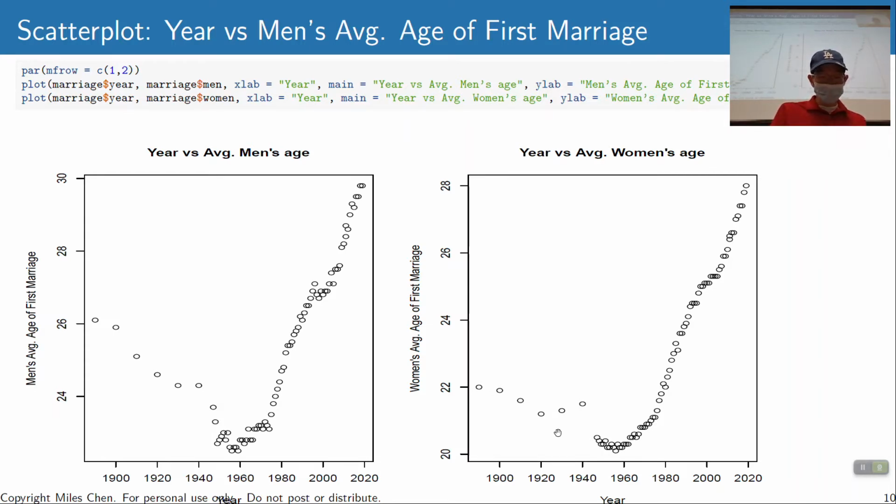Interestingly, for women in around 1890, 1900, the average age of first marriage was around 22. Okay, and again, it looks like it dropped, maybe with a small increase during the 1940s, but consistently went down until we reached around 1960, which is also around the lowest for both.